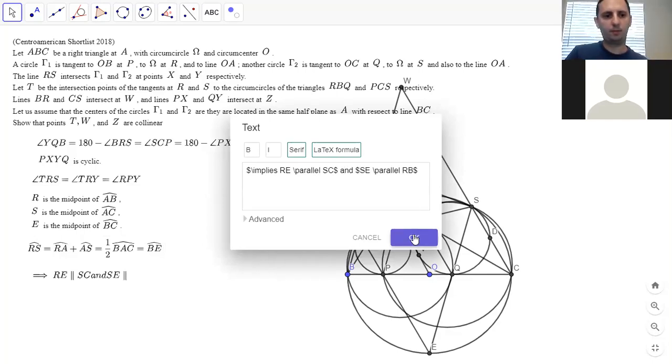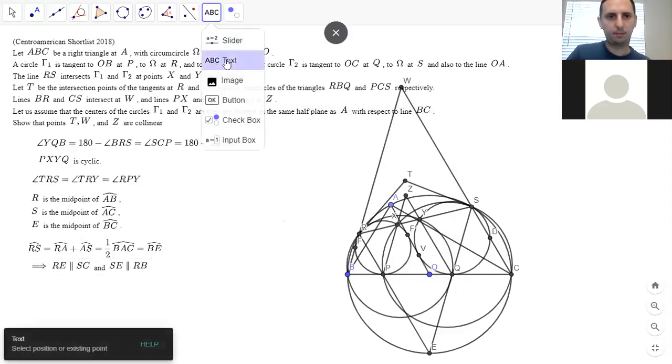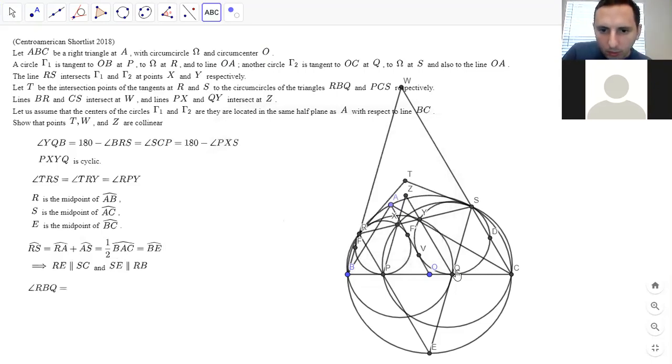So then once we have that, basically then we know that angle RBQ equals... sorry. RXP is SCB. Yeah.